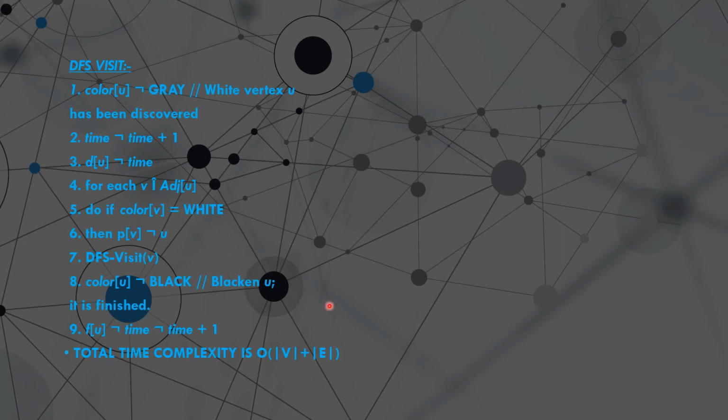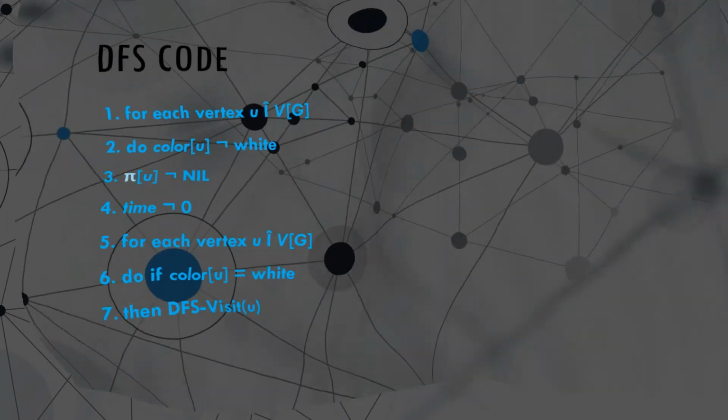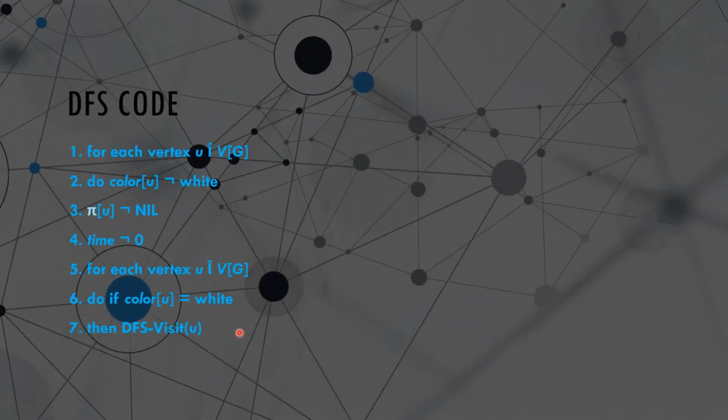Now we break the loop, which causes the vertex color to turn black, which means that each vertex of the graph has been discovered and our DFS algorithm has finished, and we increase the global timestamp by 1 and finish the implementation.